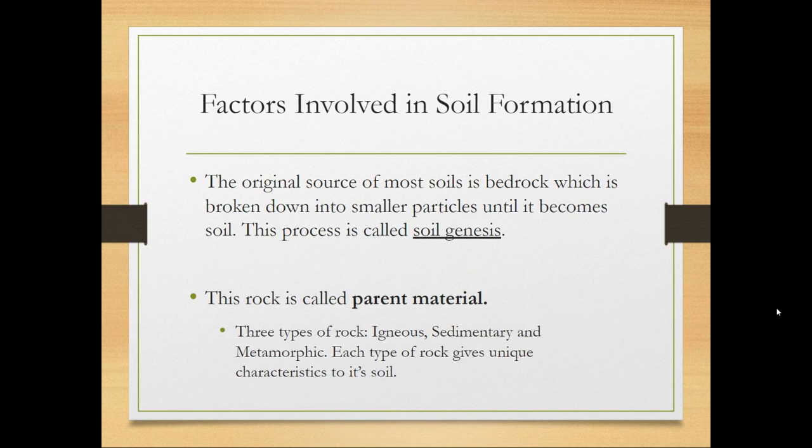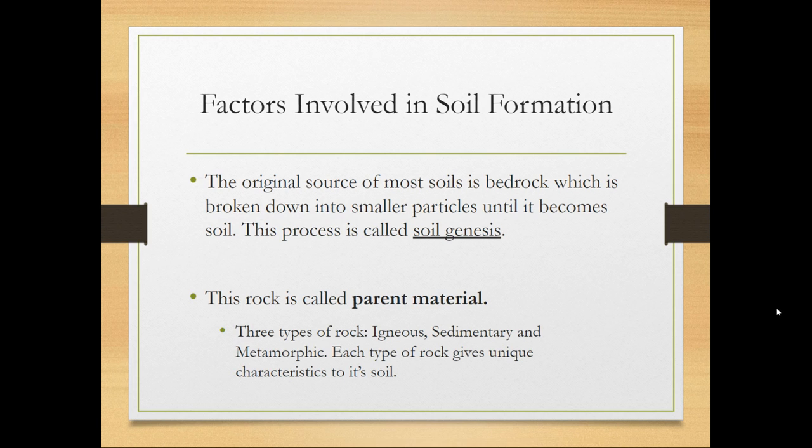Okay, so some factors involved in soil formation. So the original source of most soils is bedrock, which is broken down into smaller particles until it becomes the soil. That process is known as soil genesis. Okay, so bedrock is going to be the parent material of most soils in the natural world. So there's three different types of bedrock, and this isn't a geology class, but it is interesting to know.